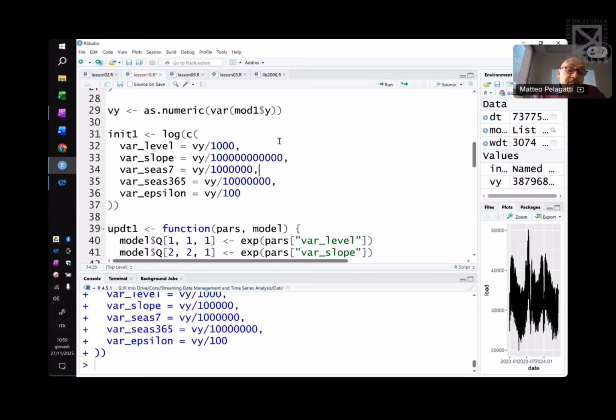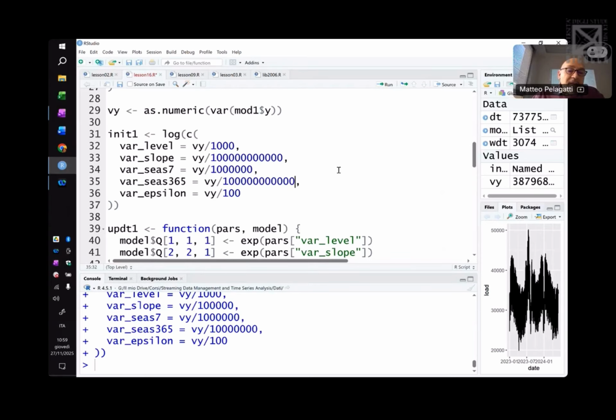And something similar happens for the seasonalities, in particular for a very slowly varying within-year seasonality. This was also virtually zero. So again, we can set it to a very small number. It doesn't really matter how many zeros I put, just put many zeros, because it was very close to being zero.